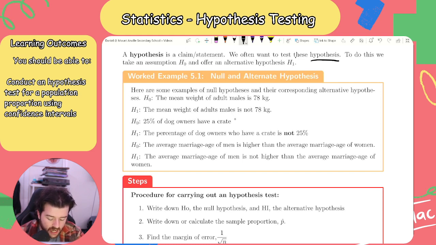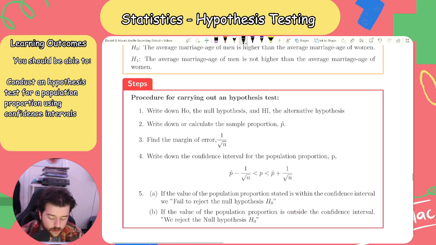Null: 25% of dog owners have a crate. Alternate: the percentage of dog owners who own a crate is not 25%. Null: the average marriage age of men is higher than the average marriage age of women. Alternate: the average marriage age of men is not higher than the average marriage age of women.